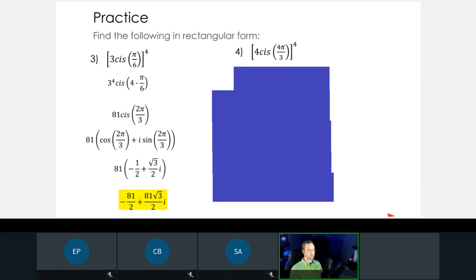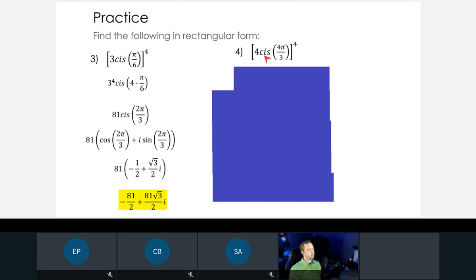Maybe I did it wrong. Somebody else have an answer? See, when I typed in 256 times negative rad 3 over 2, I got a decimal. Well, let's work it out together and see if maybe I just made a mistake somewhere and it is a decimal. Let's take a look.